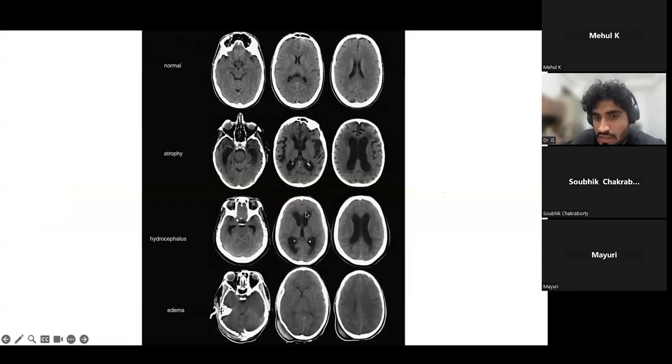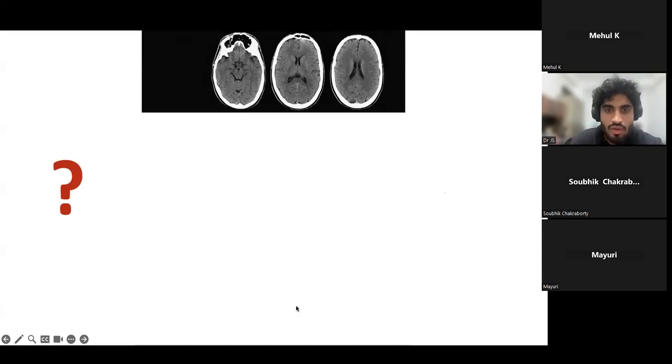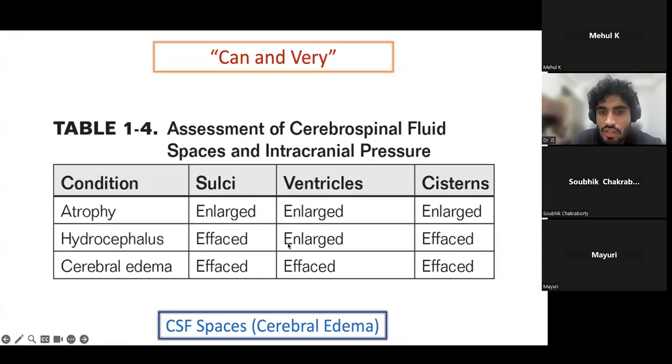Here we have only the ventricles enlarged, and some part of the sulci will be effaced, depending on the location of the hydrocephalus. In edema, ventricles and sulci will all be effaced. Okay, so you have understood, right? In hydrocephalus we have sulci effaced, ventricles enlarged, and cisterns also effaced.